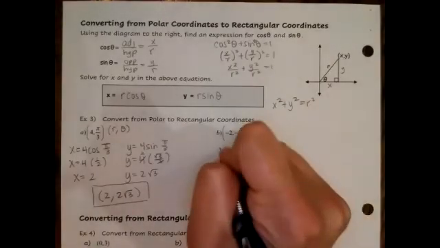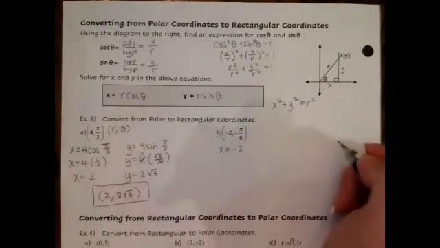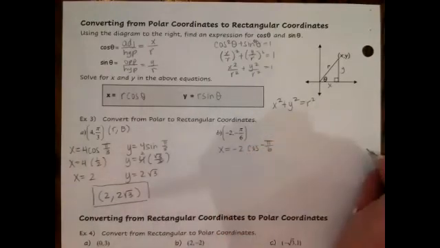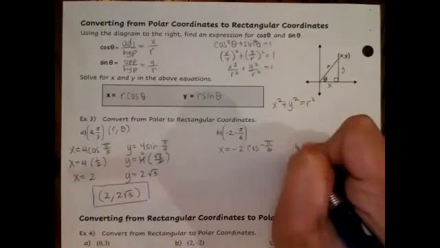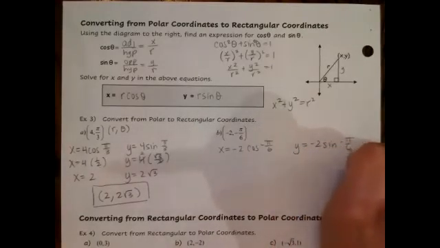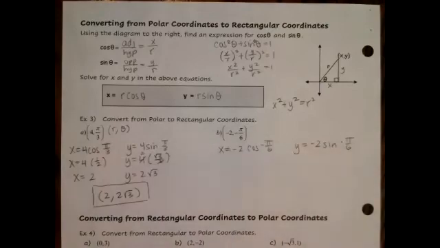Let's try another one. x is equal to our r times our cosine of negative pi over 6. And y is equal to -2 times sine of negative pi over 6. We go back to that unit circle and we think about that. Negative pi over 6 goes in the clockwise position.